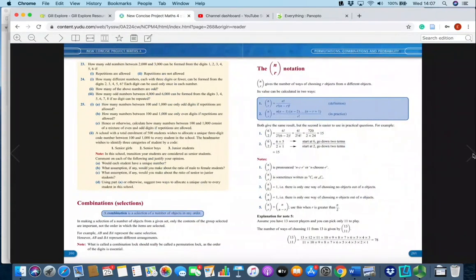Okay, so that's permutations. And it would be lovely if it was just permutations, but there is also a selection process called combinations. Now how is a permutation different to a combination? Well, I'm just going to share my notepad with you.